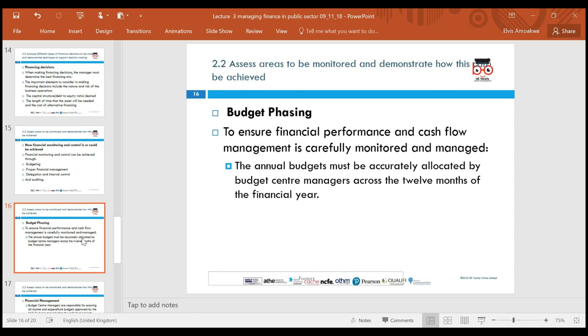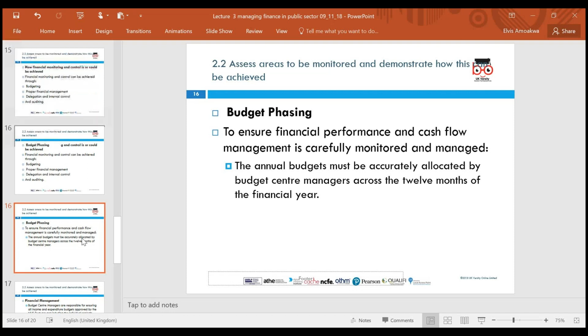But if you take any organization, any public sector organization, to ensure financial performance and cash flow management is carefully monitored and managed, annual budget must be accurately allocated by budget center managers across all the 12-month period. So if we are able to allocate it to different cost centers, we'll be able to monitor and control how we spend our money. So that is the budgeting phase.